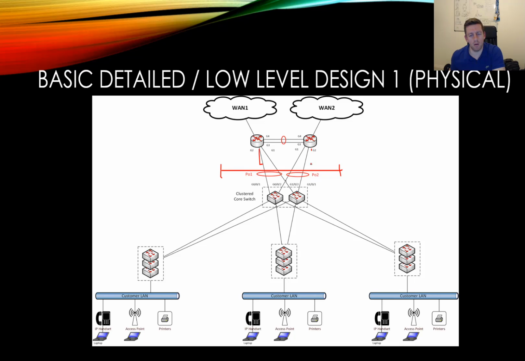Then you could have one VRRP or HSRP group with the VIP of .1, and then another VRRP group of, I'm just making these up, .10.